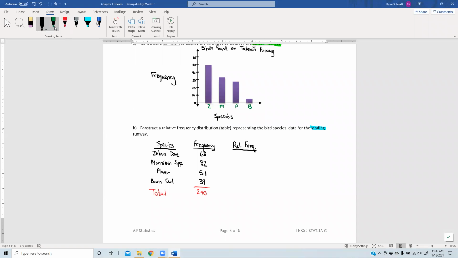So for relative frequency, we would do 68 divided by 240, which would be 0.283. Then we do 82 divided by 240.